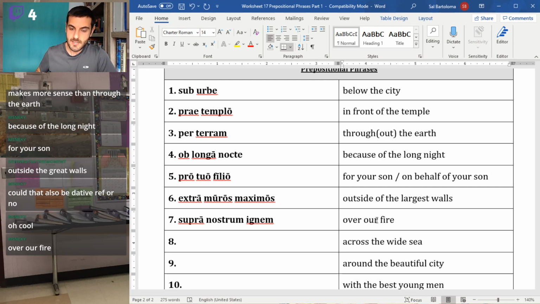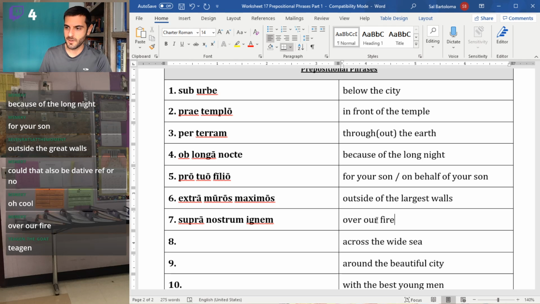And since it is in the accusative case, Mark, and who else is in here? 7 rats at the moment. Since it's in the accusative, oh, that's Tegan. Well, Tegan's here. There's probably motion involved. So if we're using supra like this, maybe someone jumped over our fire, or they threw something over our fire. That would be my guess.